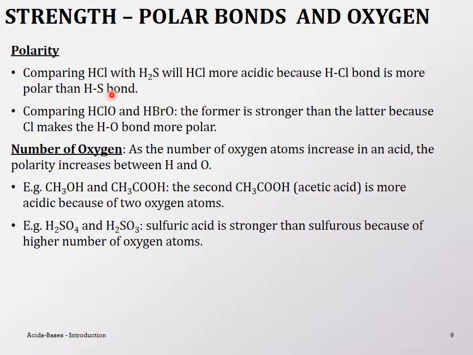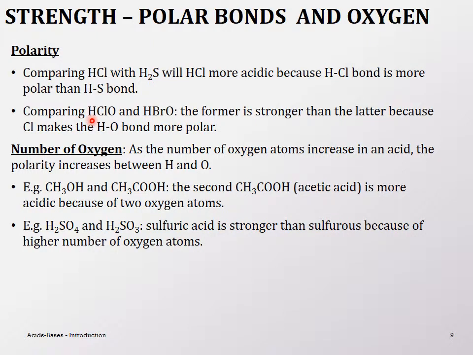If you're comparing something that is different in polarity, then that is what you would use. You have to figure out what criteria you're going to use to compare. In a question you will not be given the criteria. You're just supposed to figure that out yourself. So in comparing HCl to H2S, you're looking at the polarity. When you're comparing H2O to H2S, you're looking at the size of the atom.